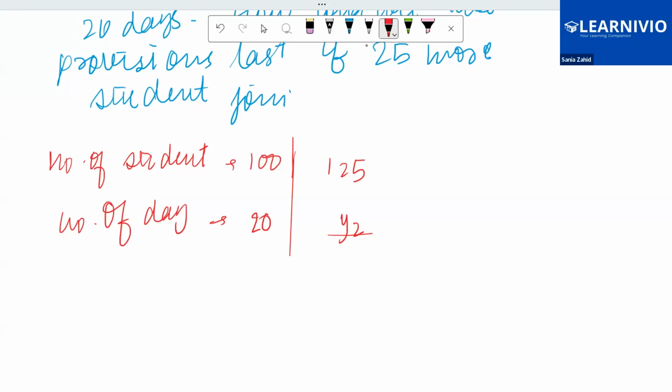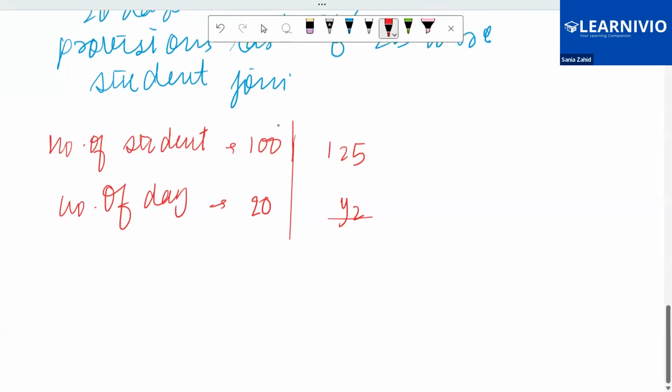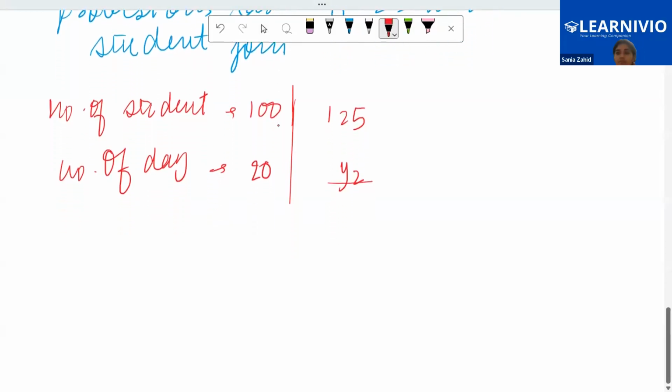Ma'am, I'm done. Okay, so let's discuss the answer. Tell me, Ramesh, how have you solved it? I used the formula x1 by y2 is equal to x2 by y1.